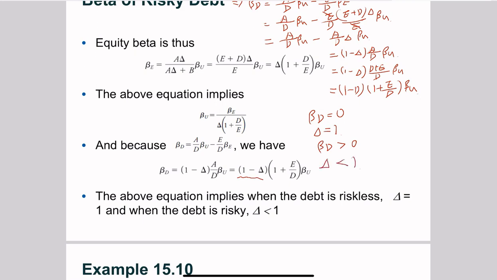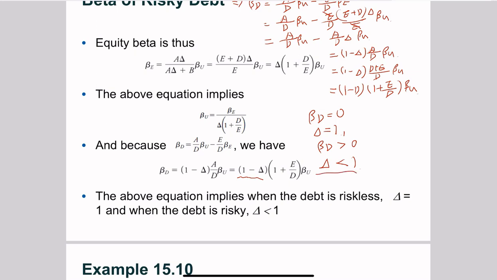So if you have risk-free debt, then delta is 1. We have not talked about this, but if you have a call option which is deep in the money, then delta is 1. When you're having a beta D which is larger than 0, that is, if there is risk in your debt, then delta is actually smaller than 1.